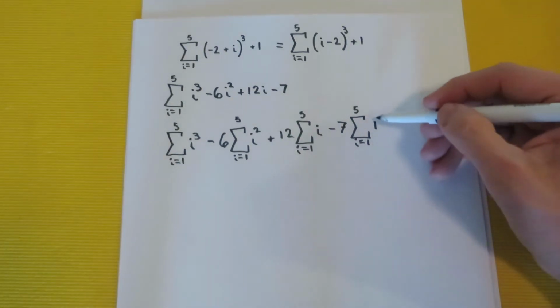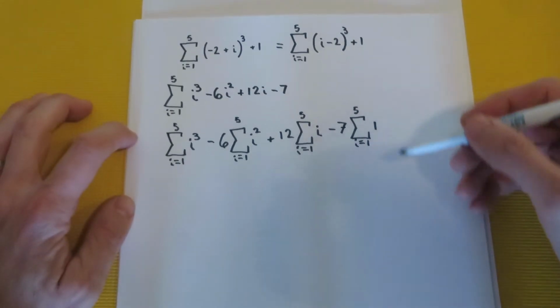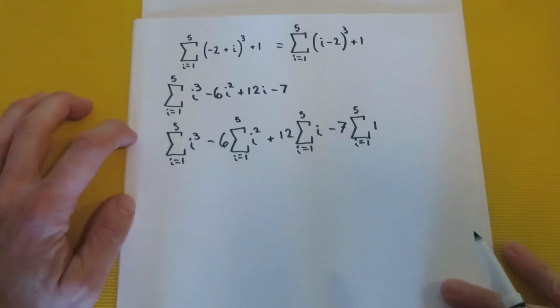I could have just written times 5 here, but I didn't want to skip too many steps because I didn't want to confuse you.